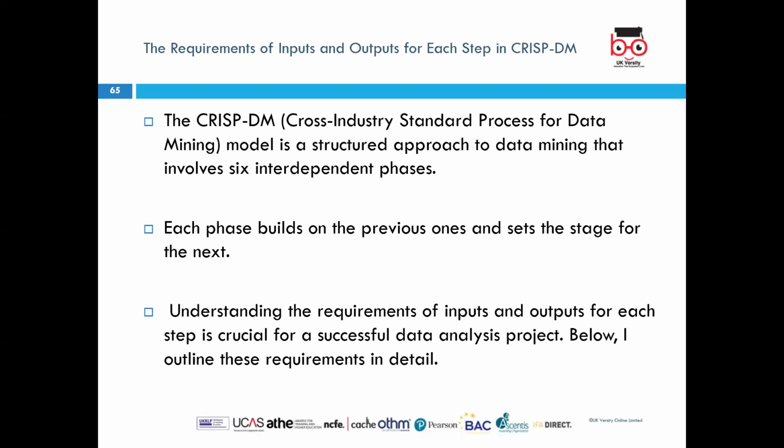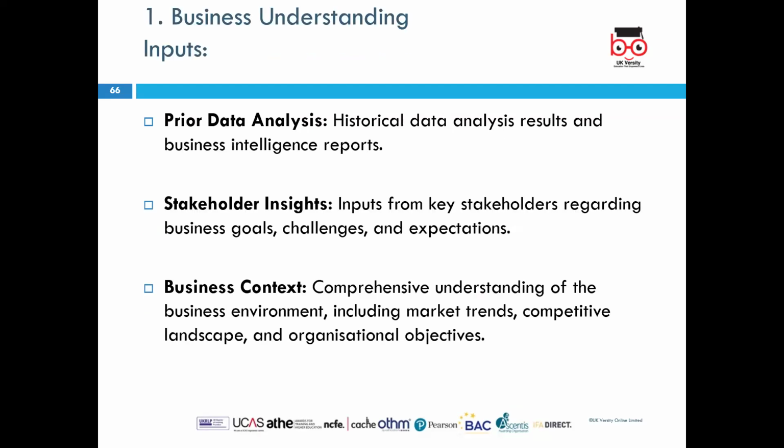So now we're going to look into the requirements of input and output for each step in the Cross-Industry Standard Process for Data Mining. So each phase builds on the previous one, and they set the stage for the next one.